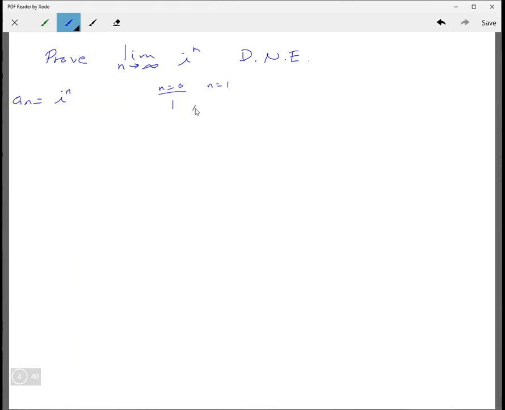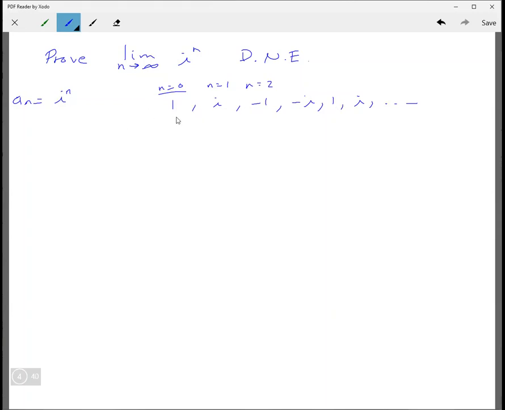When n equals 1, we have i. And then when n equals 2, we have -1, and then we have negative i, and then 1, and then i. It just goes like that, right? That's what the sequence is going to look like, right?